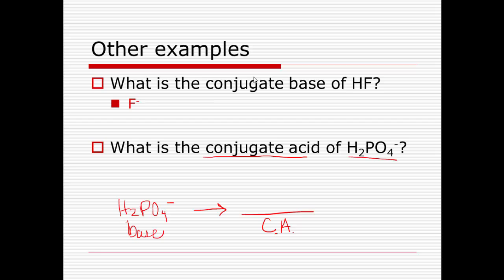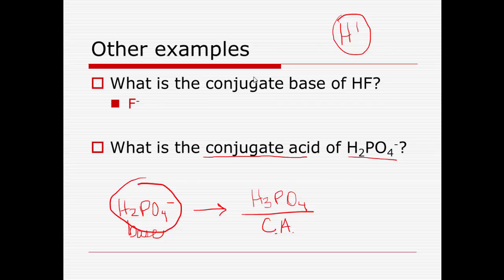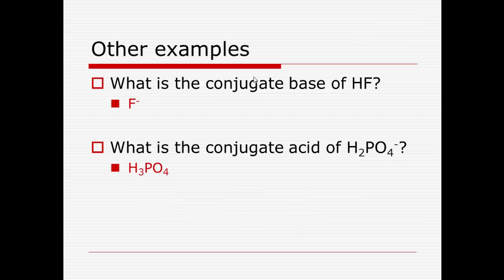It's going to catch a hydrogen. It's going to take a hydrogen. So it's going to gain an extra hydrogen and form H3PO4. Okay, again, when we're talking about the hydrogen, we're talking about a positive hydrogen. So putting that positive hydrogen together with H2PO4-, the positive and negative cancel out and we get a neutral product.